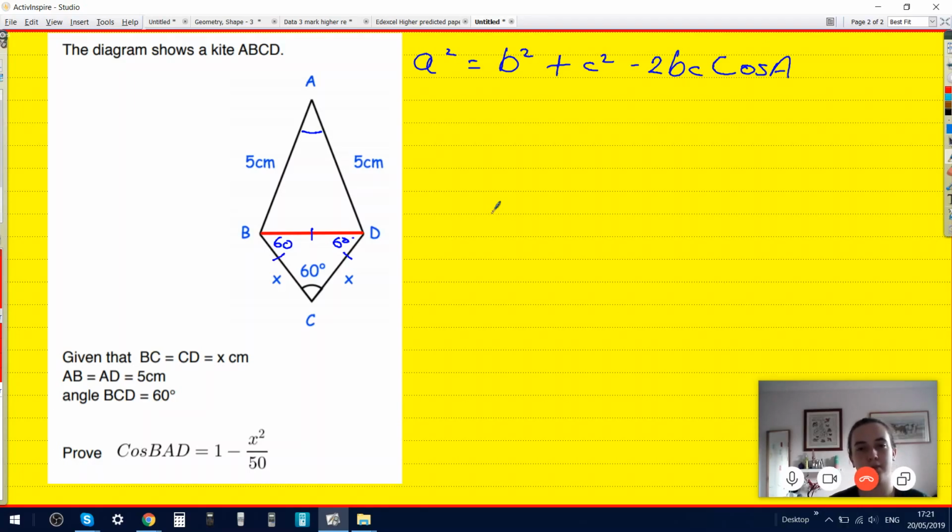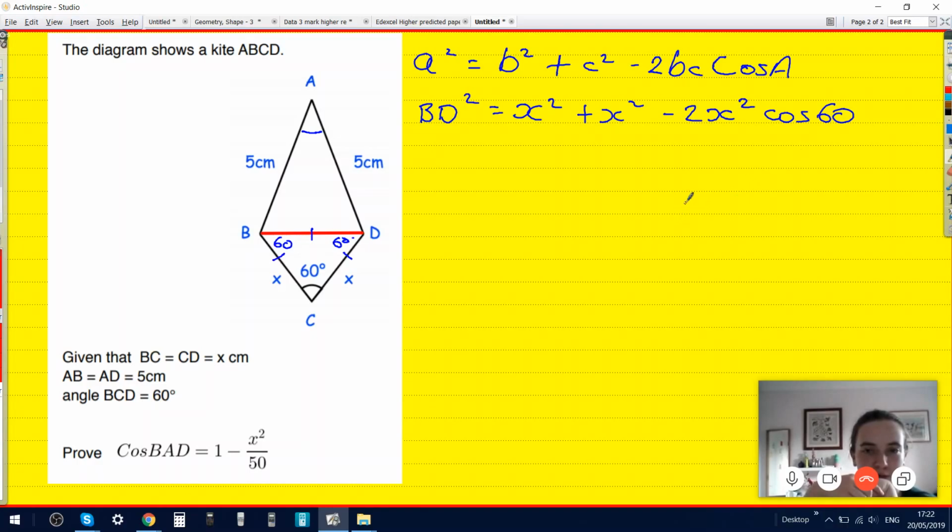So B is, oh wait, BD is x. So just do cos rule for BCD. x squared plus x squared minus 2x squared times cos 60.